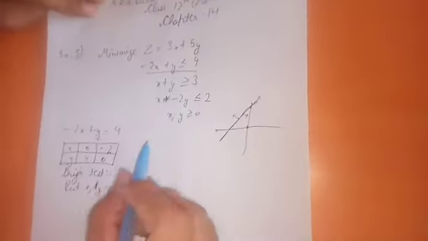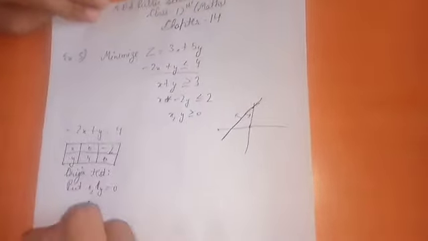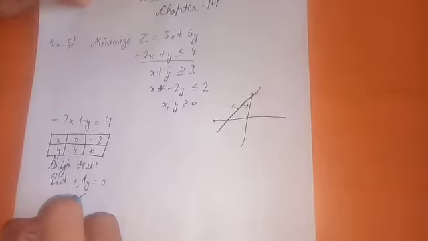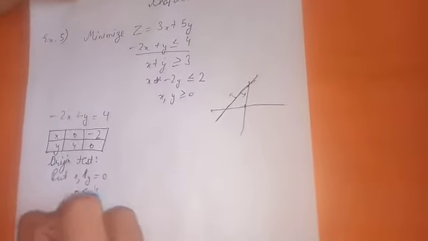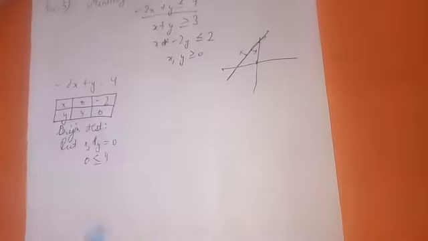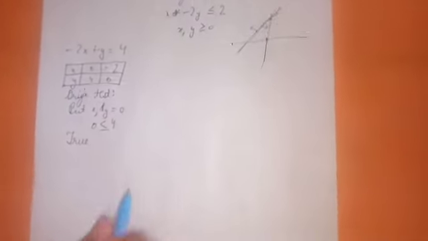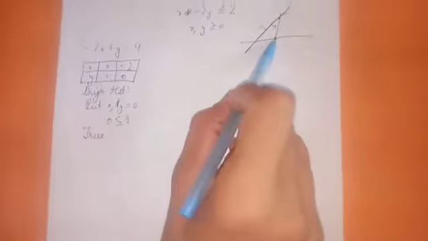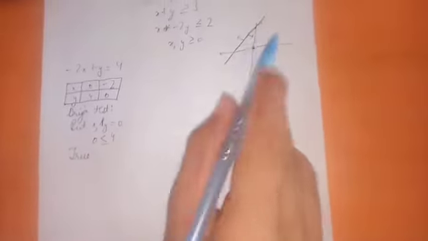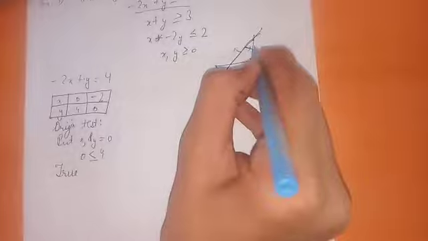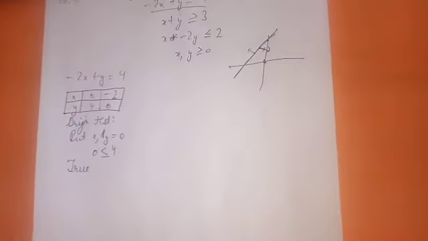Then we get 0 is less than or equal to 4. Is it true? Yes, it is true. Now check which side the origin is on relative to this line. This side. So the values on this side of our line will satisfy the inequality.